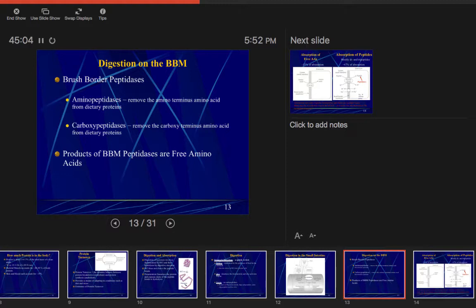For protein, it's the same thing, kind of two phases. The brush border membrane is kind of in phase 2. And there's 2 categories of peptidases on the brush border membrane. There's aminopeptidases, which are cleaving the amino terminus amino acid, and then carboxypeptidases, which remove the carboxy terminus amino acid. So the products of brush border membrane peptidases are free amino acids and a shorter protein.